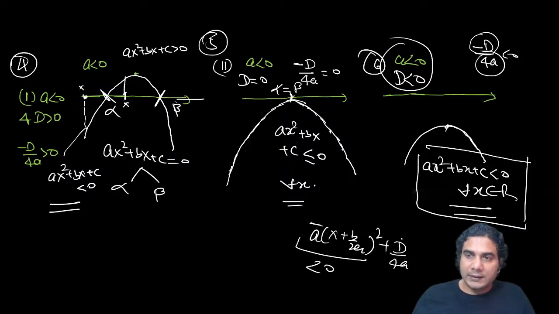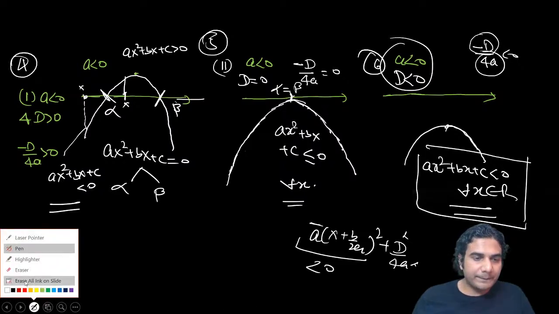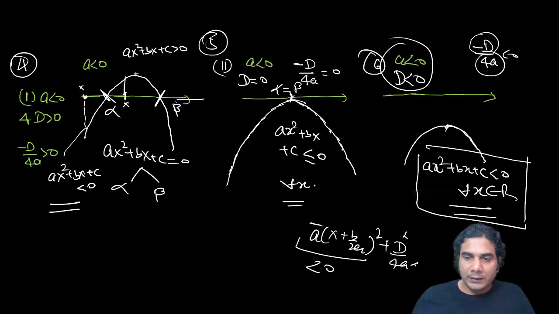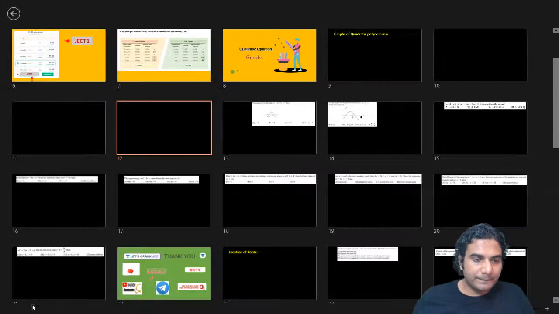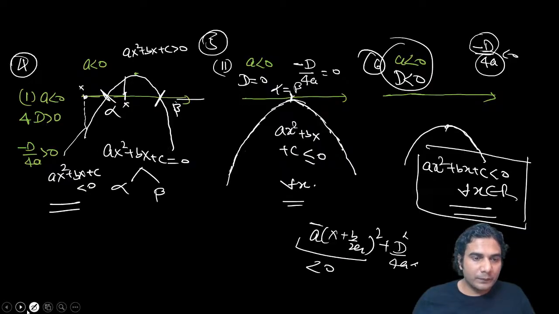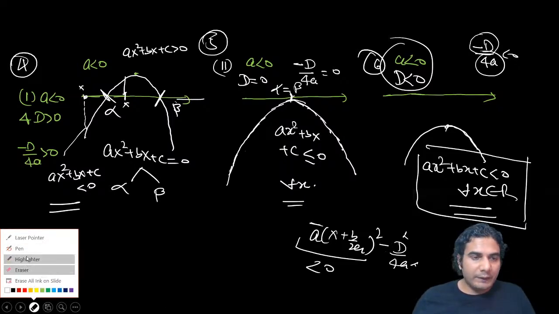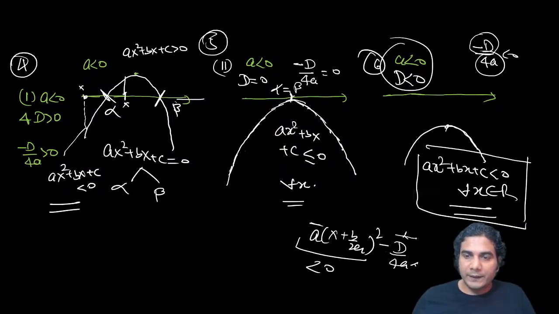And d is negative, a is negative, so d upon a will be positive, and because of this minus sign, it is going to be negative, right?